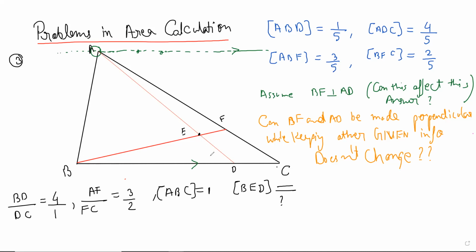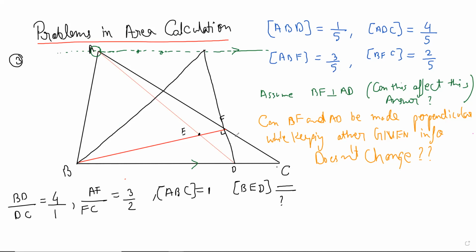Just to show it clearly, a perpendicular would be, I don't know, maybe somewhere here. No, that's not there. Maybe, yeah, now this time it's falling on F. This is strange. BF.